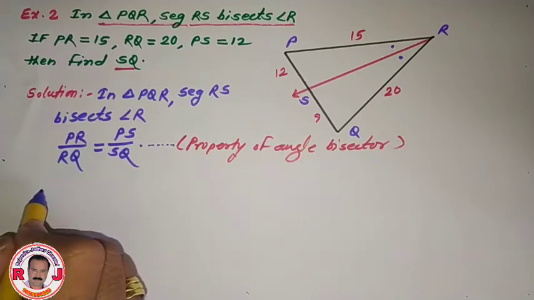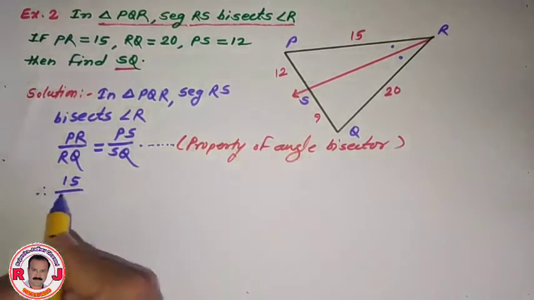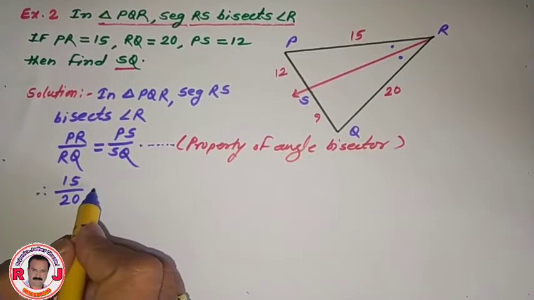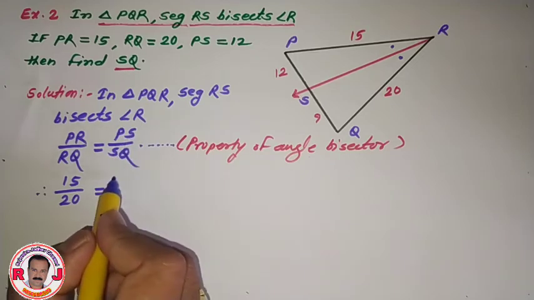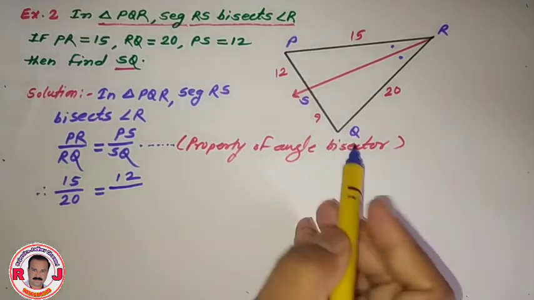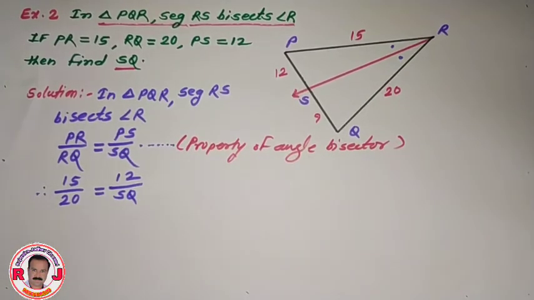Put the values in these ratios. Value of PR is equal to 15, value of RQ is 20, value of PS is 12, and here we find the value of SQ.